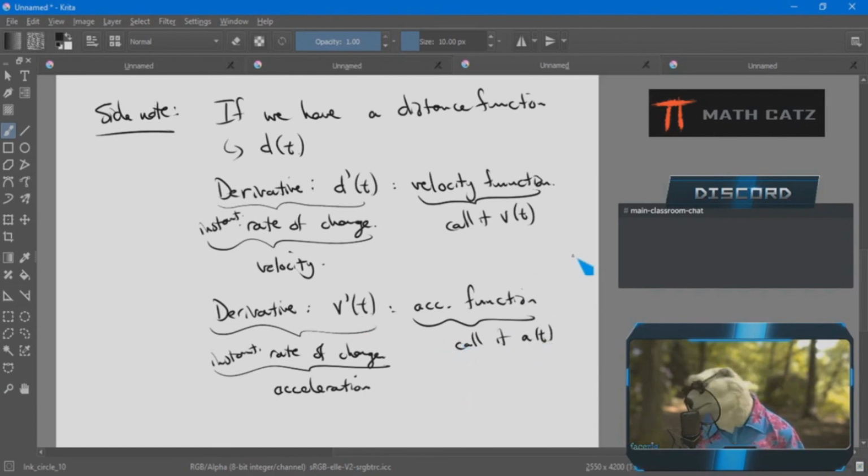And then there are some problems in the book about velocity and position, or distance, and acceleration and so on. So there is, I guess, a little bit more practical side to derivatives that is not too bad for us to handle right now. But I don't really care too much until I better understand even how to find this derivative.